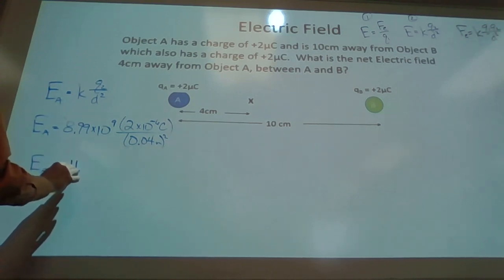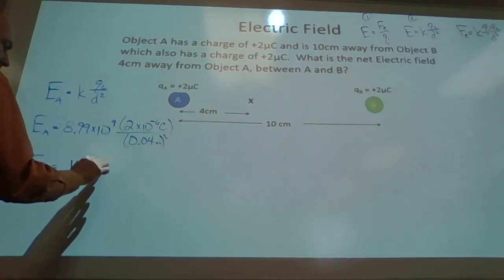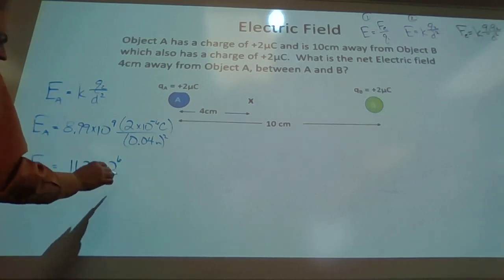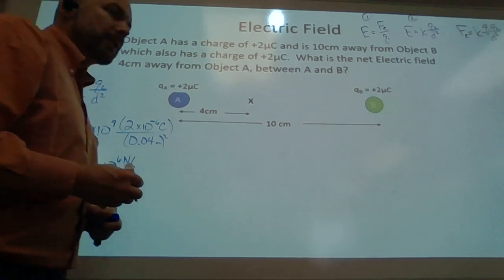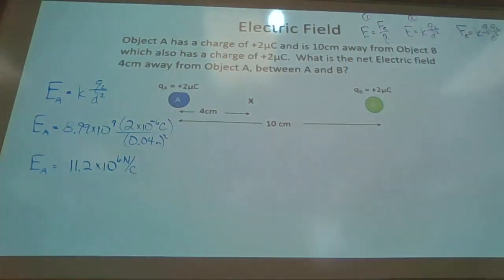I find that to be, I know this is improper scientific notation, it's just going to help me, 11.2 times 10 to the 6th newtons per coulomb.